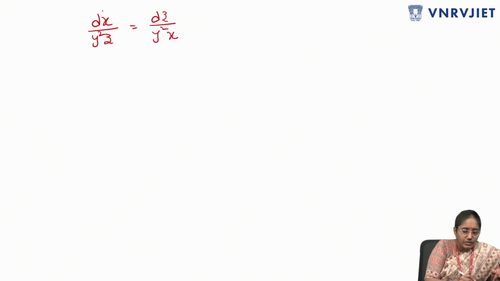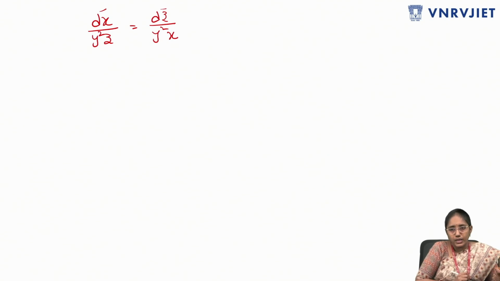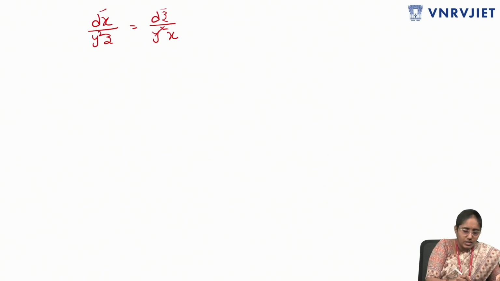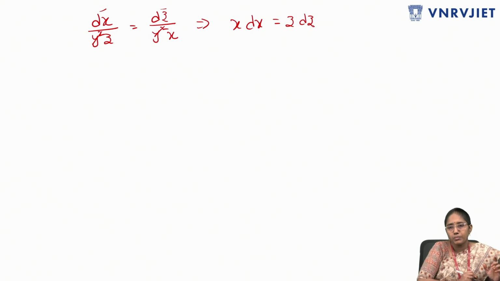Here the differential coefficients are in terms of x and z. Is it possible to eliminate y or not? Yes, we can eliminate y, and we can express it as x dx = z dz. So it is possible.